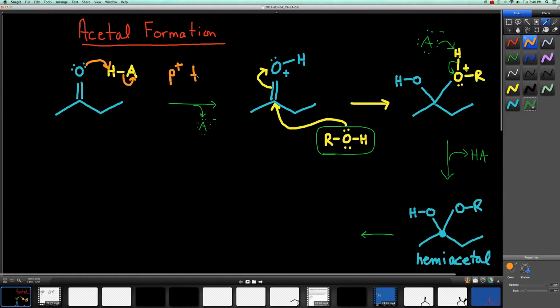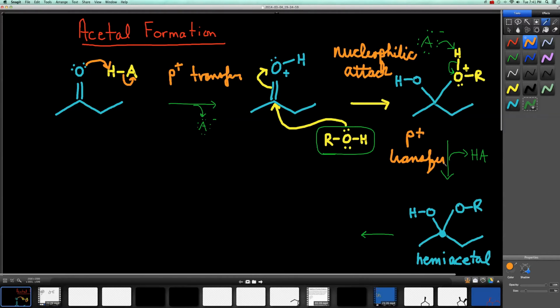Proton transfer in step 1. Nucleophilic attack in step 2. And a proton transfer in step 3. Certainly mechanistic steps that we have seen before.